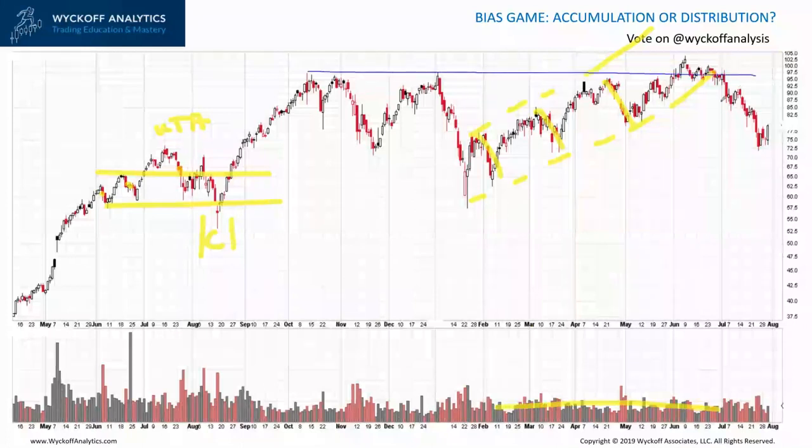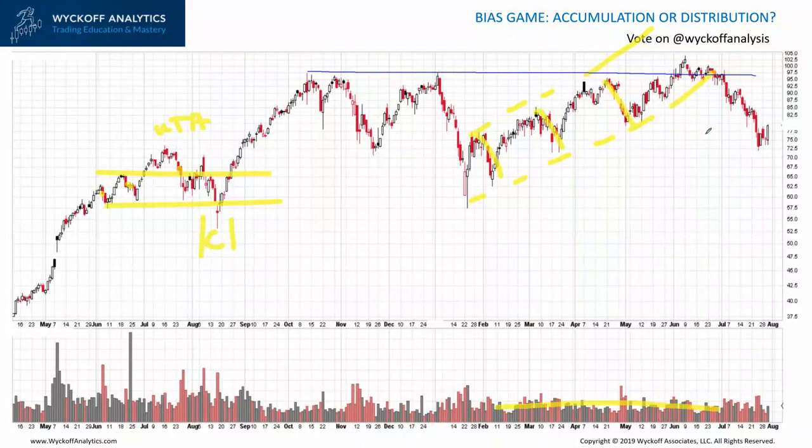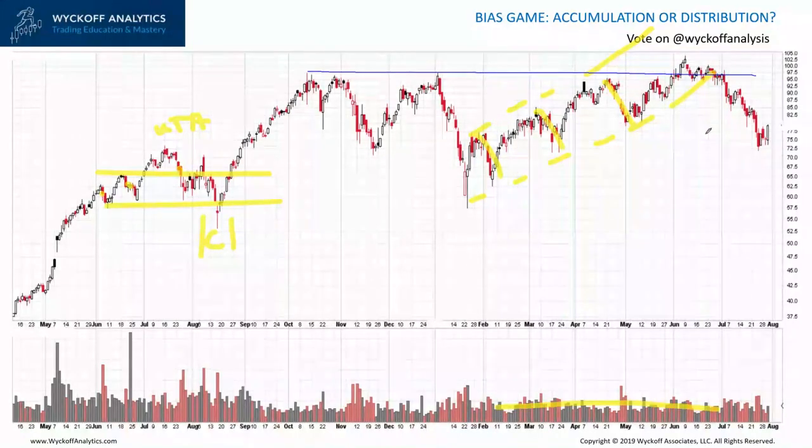Intentionality. We wanted to overcome this resistance, and we'll talk about this resistance in a second, and do what? We wanted to stay above it if this is a sign of strength, right? So it's always a situation of the upthrust or a sign of strength.